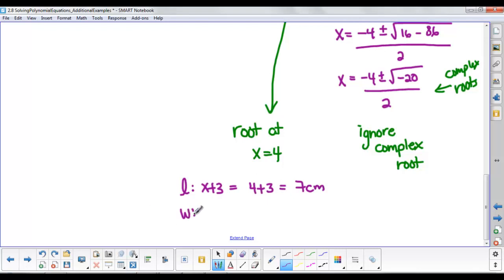The width was given to us as x minus 2. So calculating the width, we get 2 centimeters. And then finally, the height was given to us as x minus 1. Okay, so not only did we solve for x, but we also stated the dimensions.